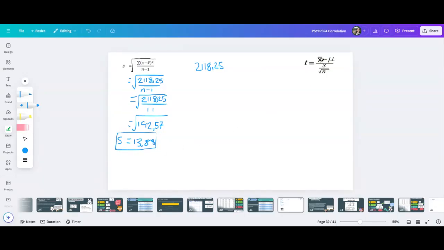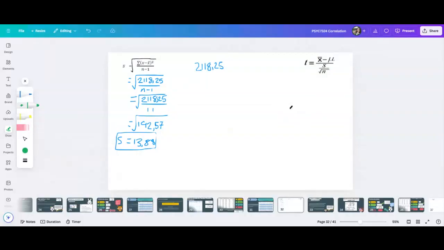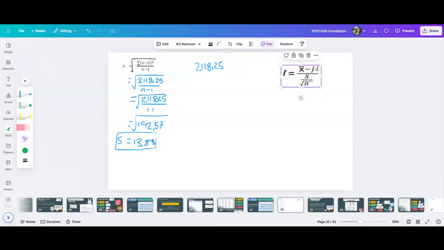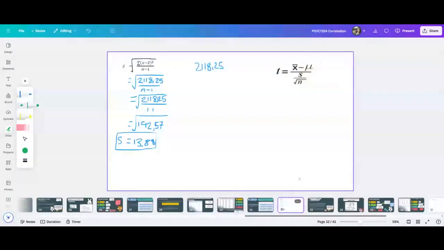And that means we actually have everything we need to solve for t. So should we go and do that together so you can see what this formula looks like being hashed out? I actually just want to move this so that I don't have to rewrite it. There we go. Okay, so the mean we had here was 70.25.